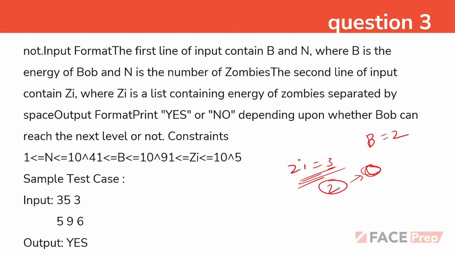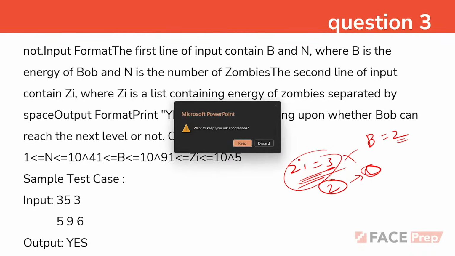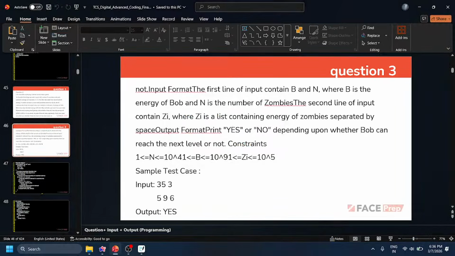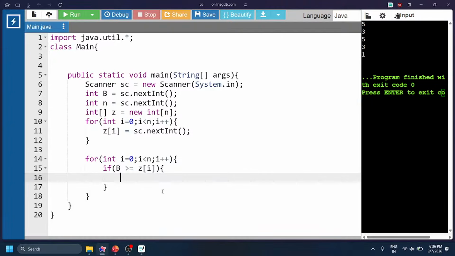But here the zombie's health Z[i] is greater than this, so for sure we cannot defend here. Let's check that condition according to the question. I'm checking whether b is greater than Z[i].